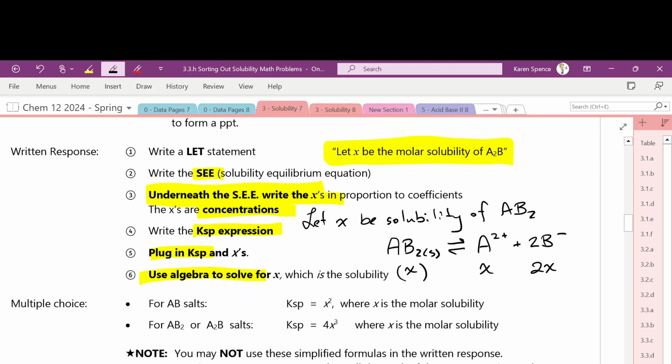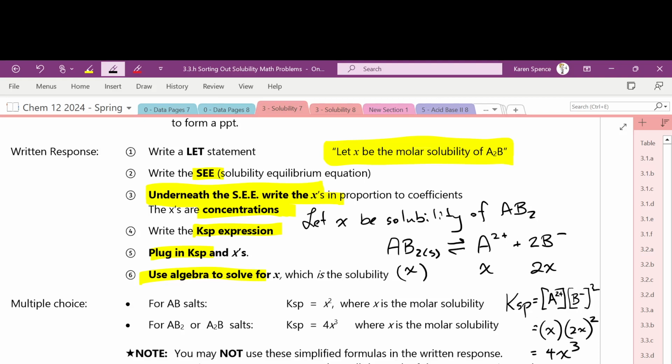And then I would write my Ksp. Ksp equals [A2+][B minus] squared equals X times 2X squared equals 4X cubed, and then you would solve for X. You would have to show all of that.